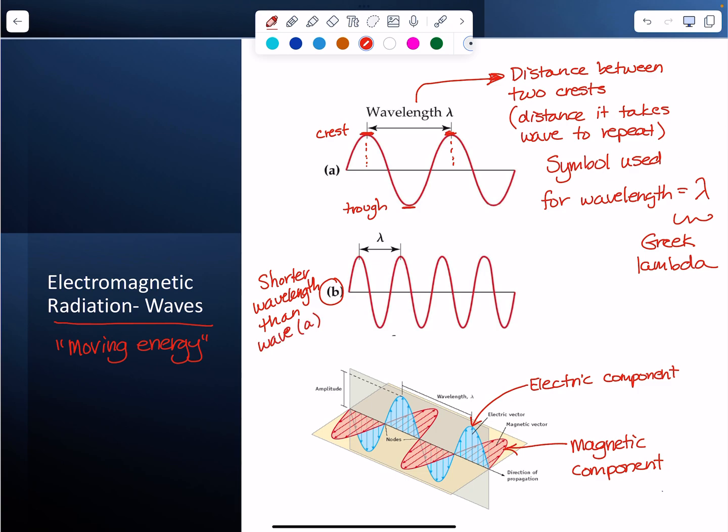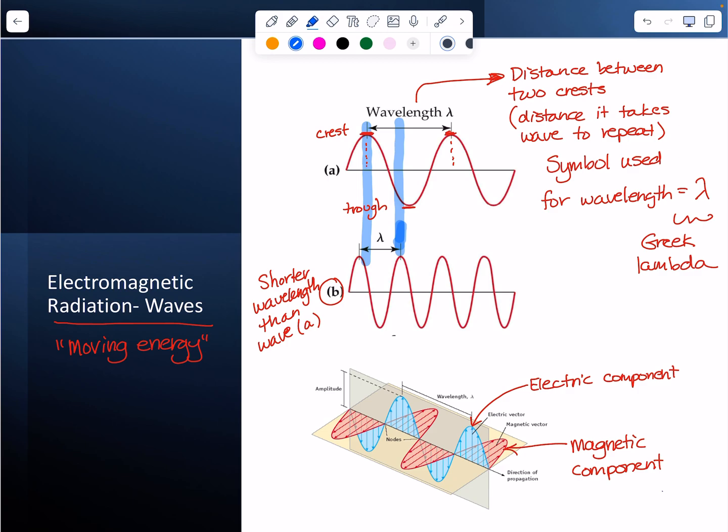If we just compare the wavelengths, that one's much shorter. So wavelength is a key feature of our electromagnetic radiation, and there's going to be a direct relationship between the wavelength and the amount of energy it carries.